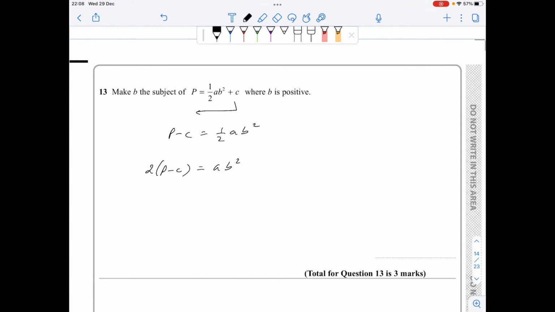Next step is to divide by a. So 2 times p minus c over a is equal to b squared. And finally, b is equal to the square root of the other side. Note that since b is positive, I am only keeping the positive square root, so I don't have a plus or minus.